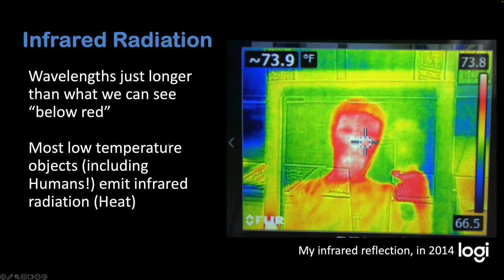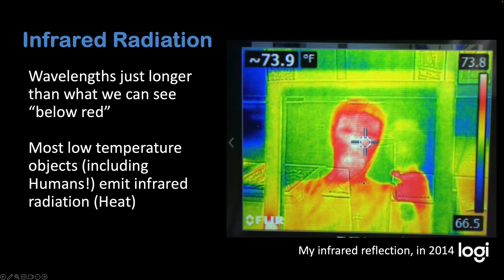This is the type of radiation that most objects here on Earth would be emitting because of what temperature they are. So just like the sun is glowing bright because it's a very hot ball of plasma, we all glow as well in the infrared.